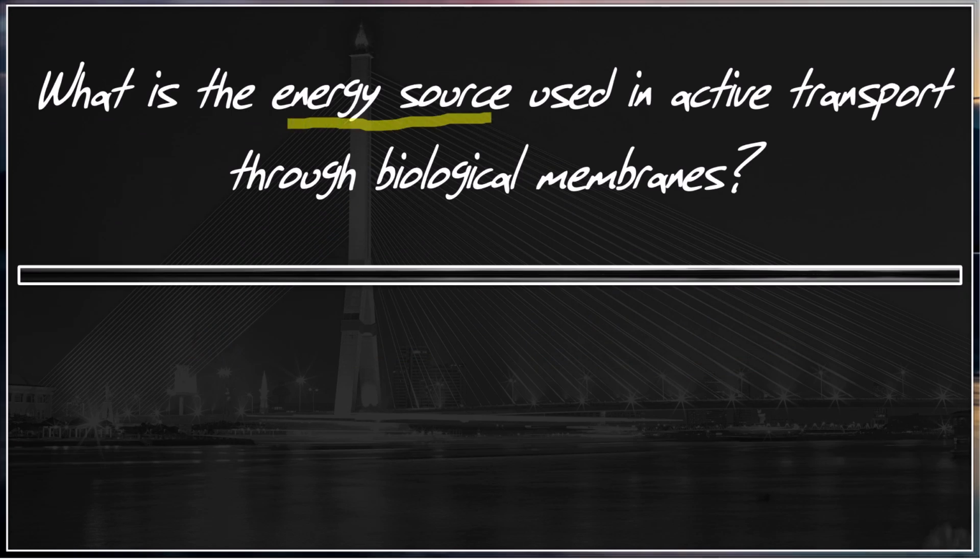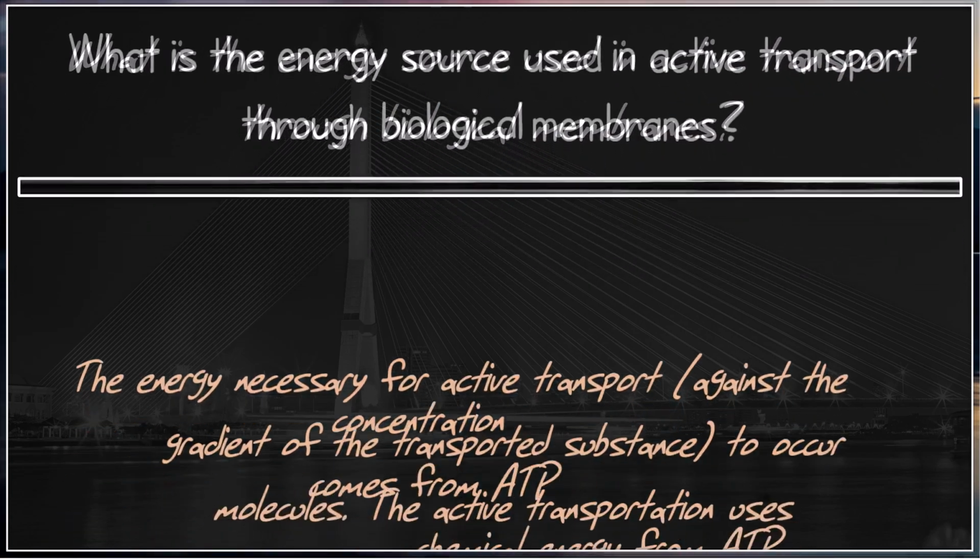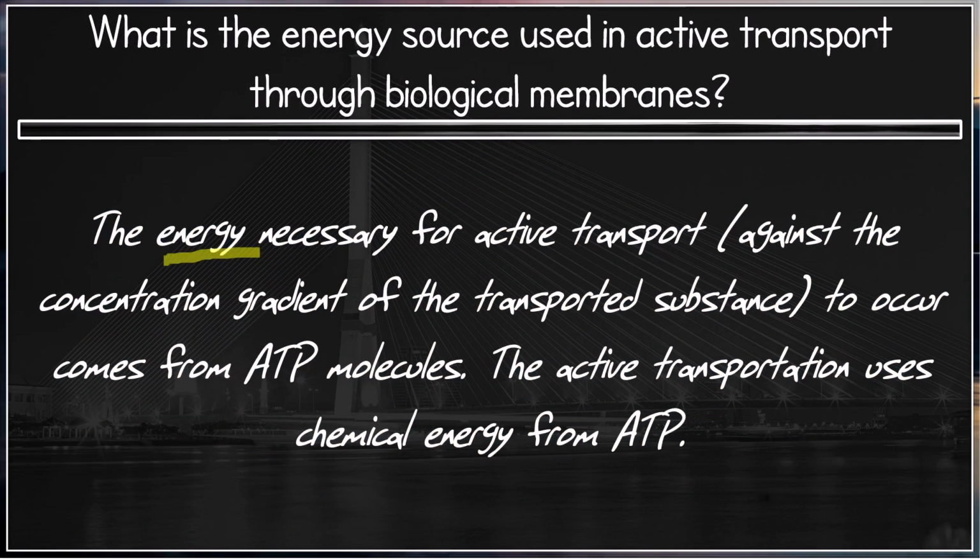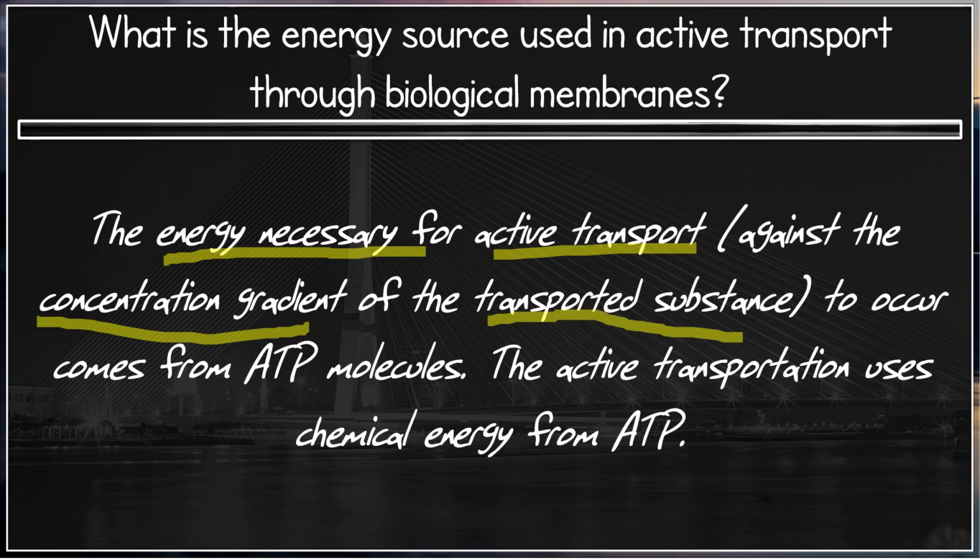What is the energy source used in active transport through biological membranes? The energy necessary for active transport against the concentration gradient of the transported substance comes from ATP molecules. Active transport uses chemical energy from ATP.